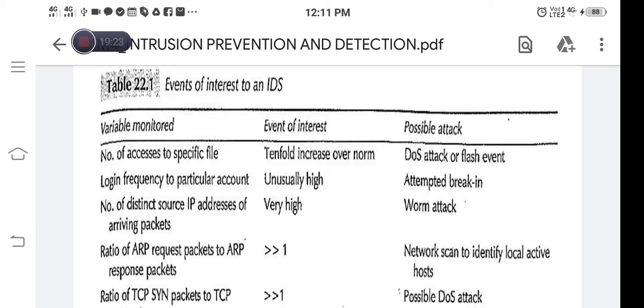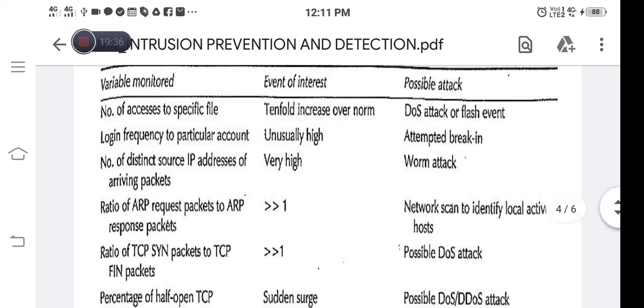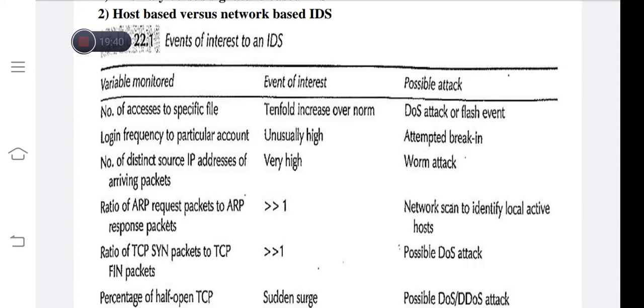Based on this type of variables, it will identify the possible types of attacks and it will give the alarm. So the measurements of the first 6 variables with respect to the possible attack will be done by the anomaly based intrusion detection system.